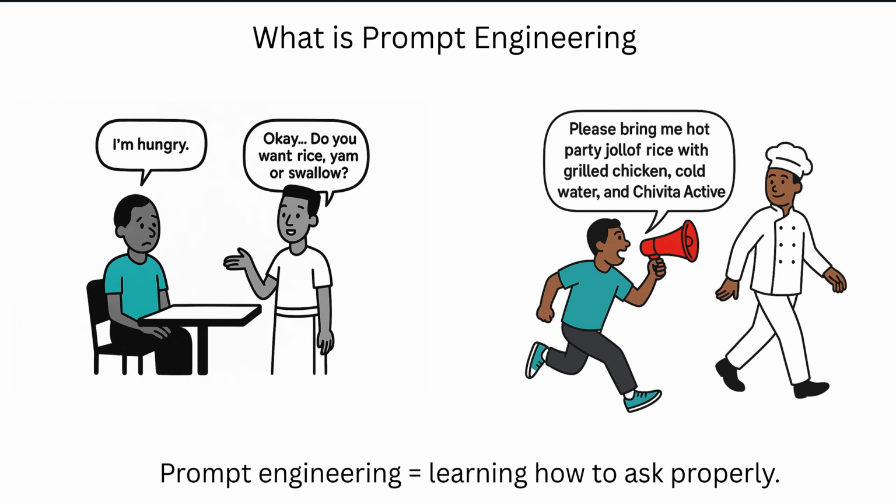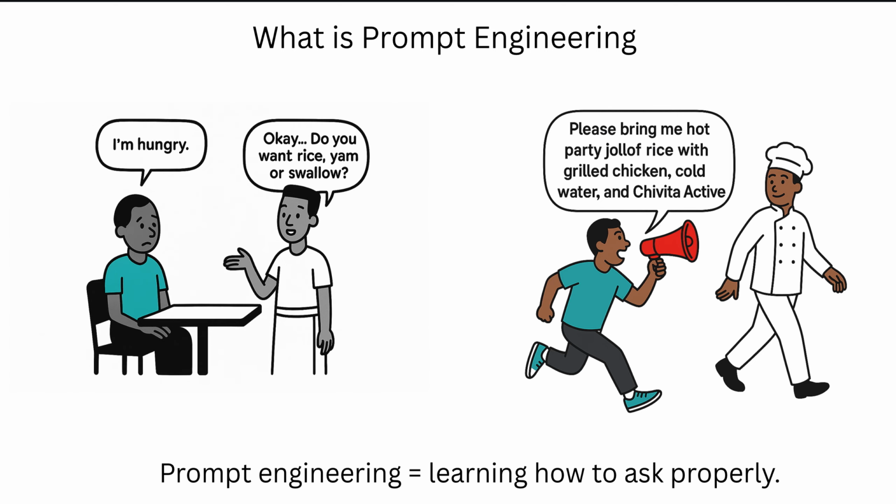In the second scenario, we can see the same man, but this time a bit more specific with his requests. He's not just saying, I'm hungry, and hoping the chef will guess whether it's rice, yam, or swallow he wants. He's saying, I want party jollof rice, grilled chicken, cold water, and Chivita Active.